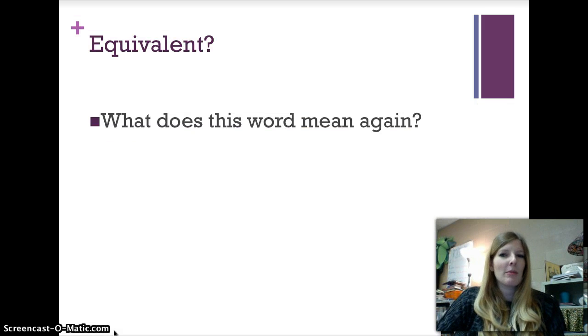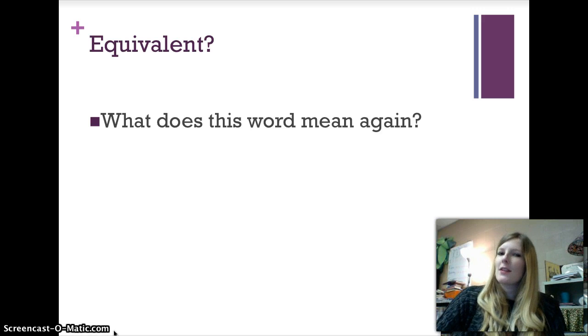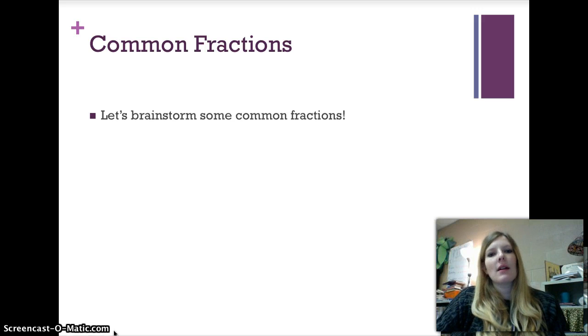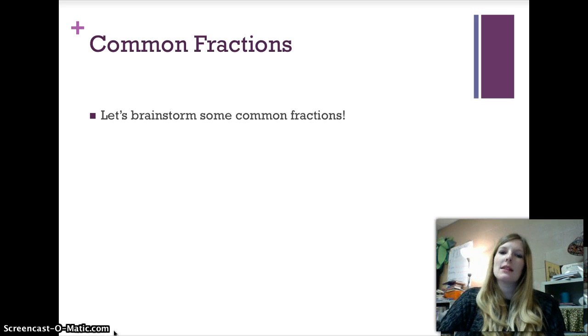All right, we've heard this word before, equivalent. What do you think this word means again? Let's review. Equal. Yes, that's right. So let's talk about common fractions and brainstorm some common fractions, common meaning something that you see very often. What would probably be the most common fraction that you think of right off the top of your head?